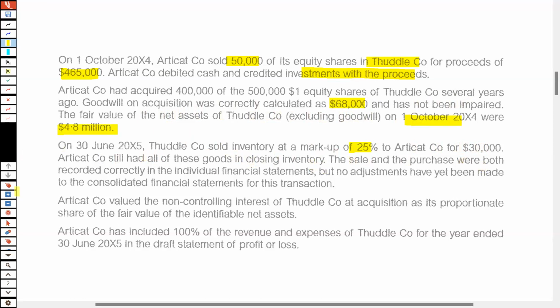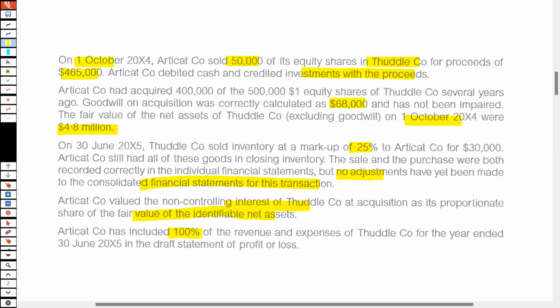The sale and the purchase are both recorded correctly in the individual financial statements, but no adjustments have yet been made to the consolidated financials for this transaction. Articut valued the non-controlling interest at acquisition at its proportionate share. Articut has included 100% of revenue and expenses for the year in the draft statement of profit or loss.